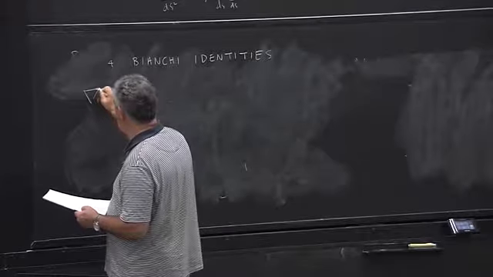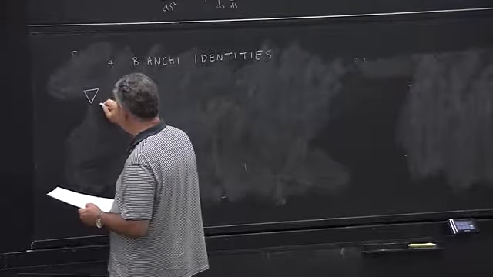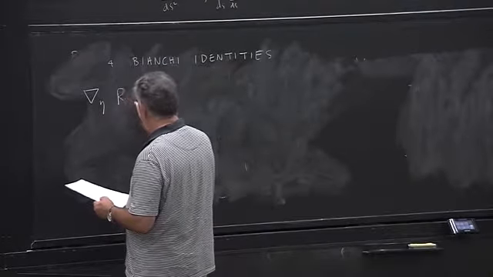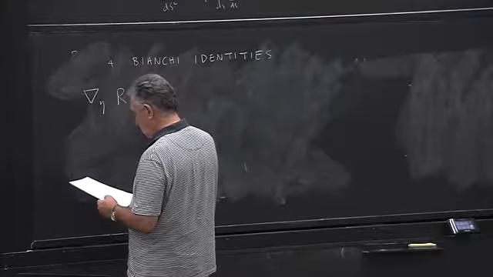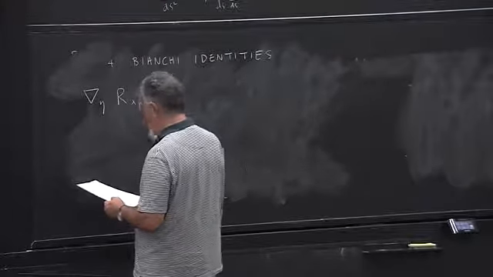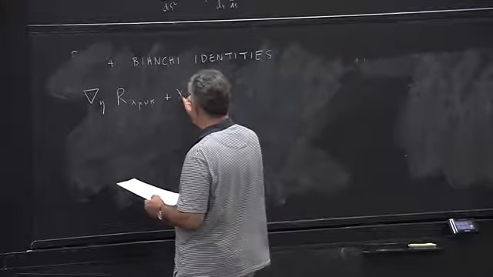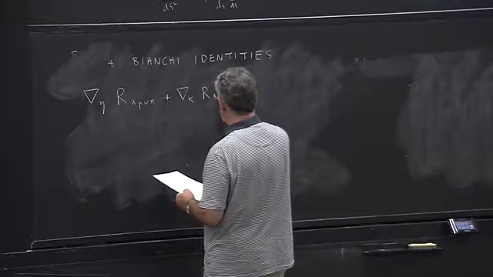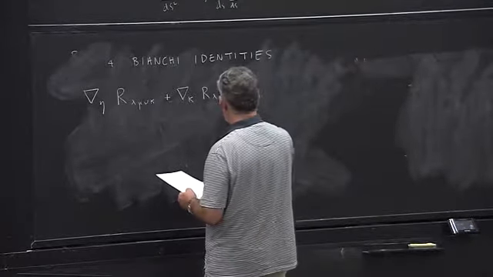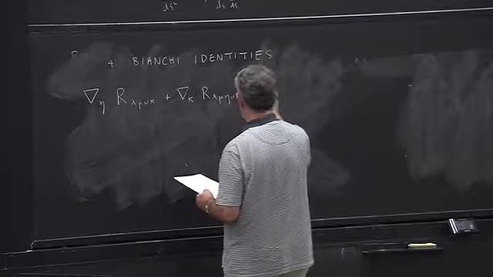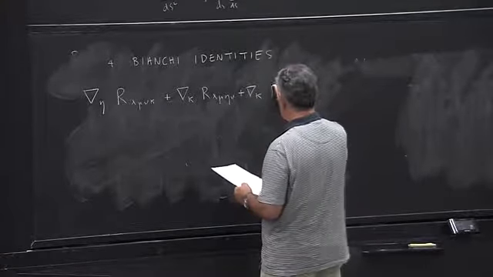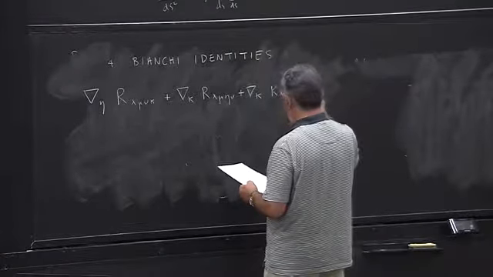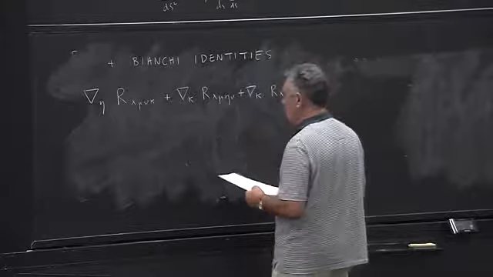Let me resort to the other notation here. It's more convenient. The covariant derivative of a Riemann tensor is identically equal to 0.